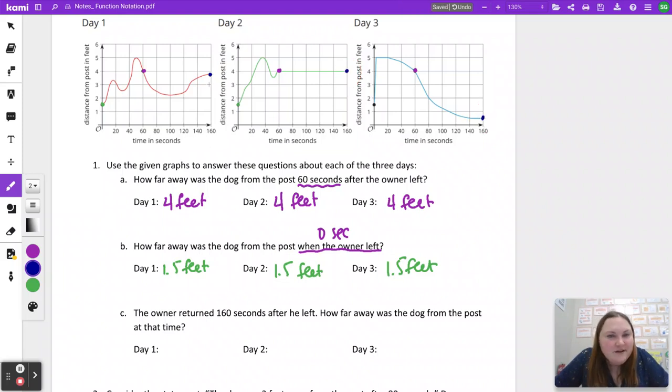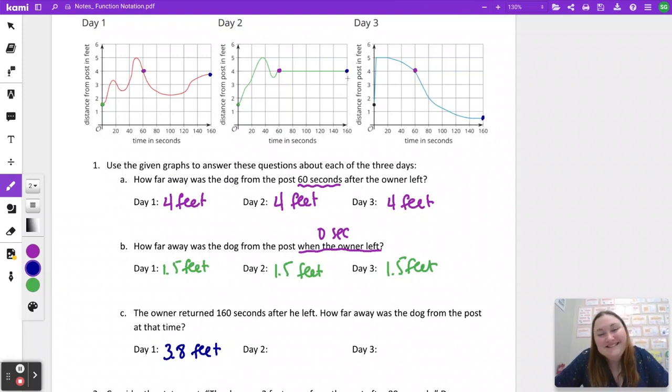So for my graph for day 1, it's not quite at the 4. So maybe something a little less than 4. It's not exact by any means on this graph. I'm going to guess it's at about 3.8 feet. But if you give me anything like 3.6, 3.7, 3.9, all of those would be good estimates.